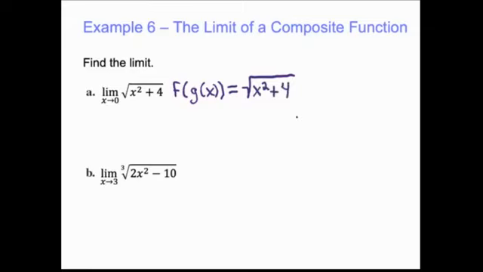That means the inner function, g of x, equals x squared plus 4. And the outer function, f of x, is just the square root of x.